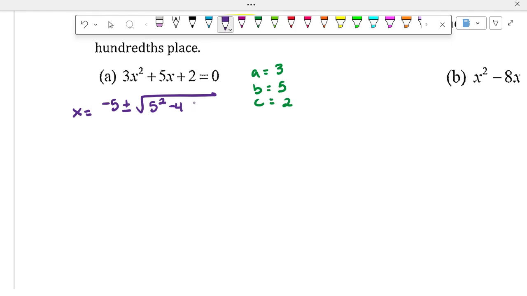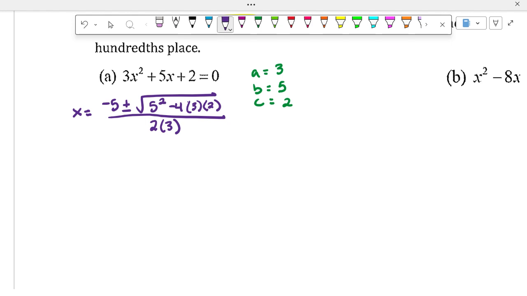Then what comes next? Times 3. Then times 2. Then all over what? 2 times 3. All right. So again, I've done no simplifying. I just put it in the formula.